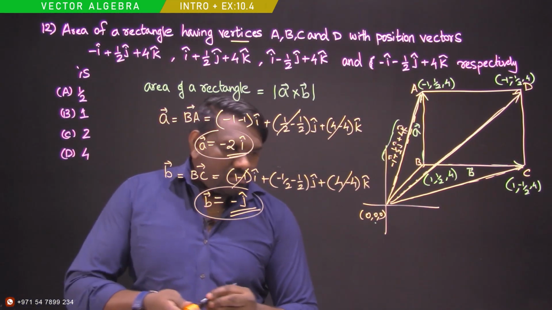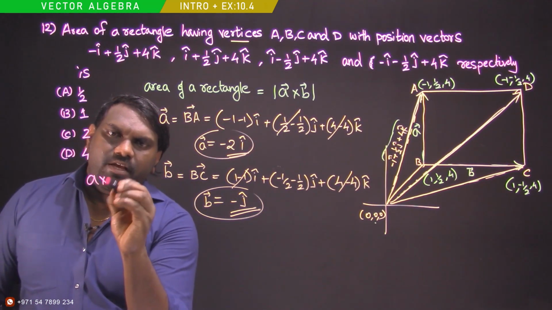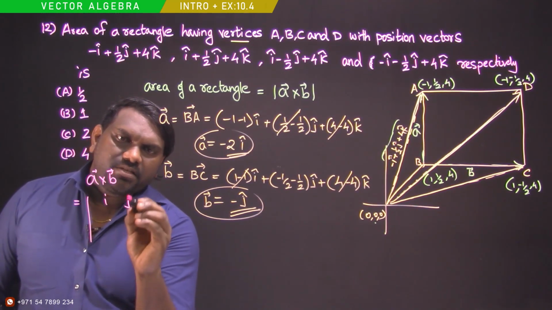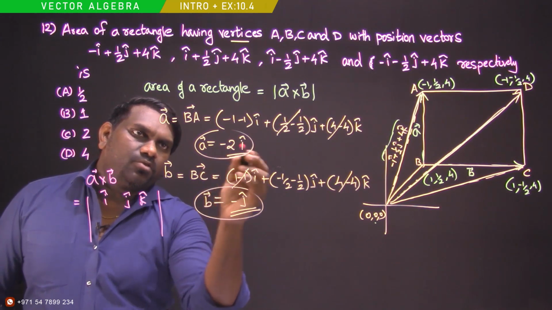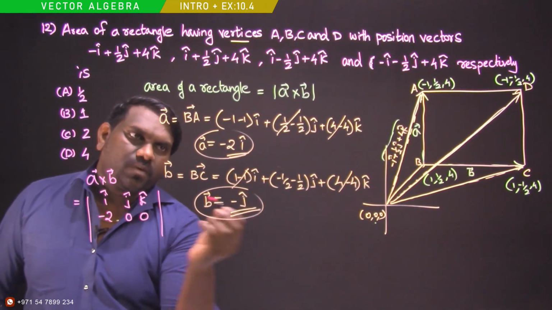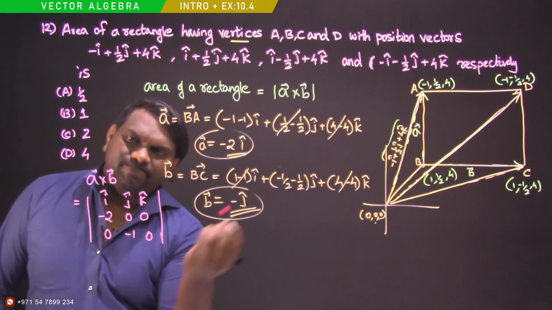What do you need to find now? It's time for us to find vector A cross B. That is in fact i, j and k with the values minus 2, 0, 0, because it's i, that's why minus 2. This is j, so minus 1 and 0, dear.